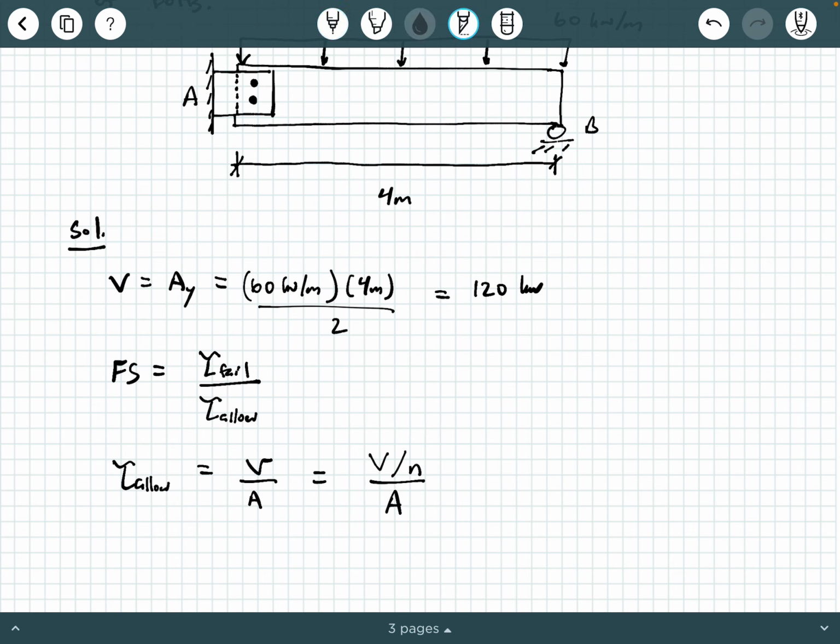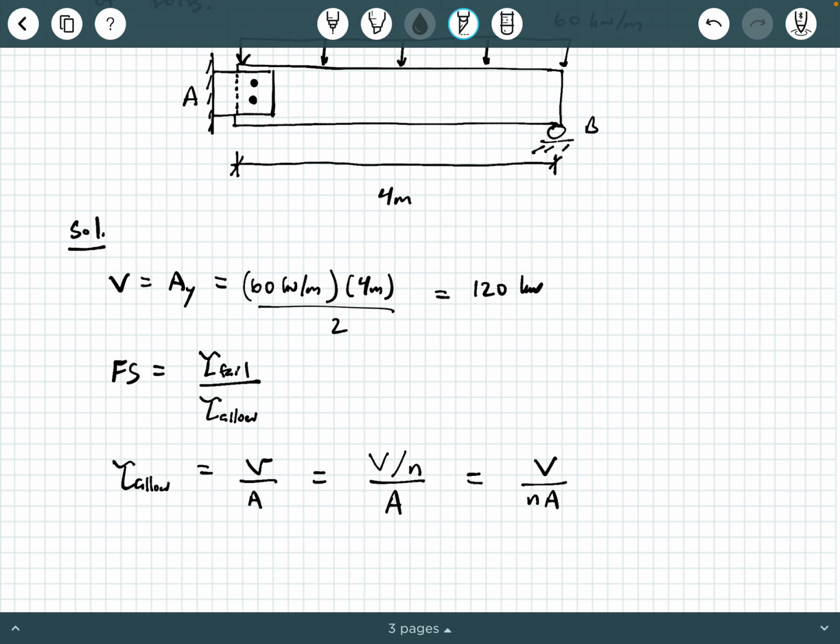So this divided by N incorporates the number of bolts that we could have in that connection. We can rewrite this as V over N times A. Again, this little v represents capital V, which we calculated a couple steps above, divided by the number of bolts.